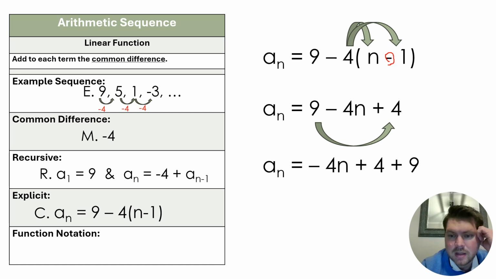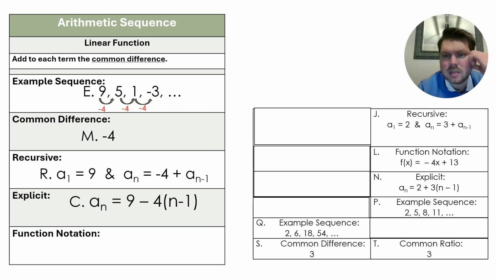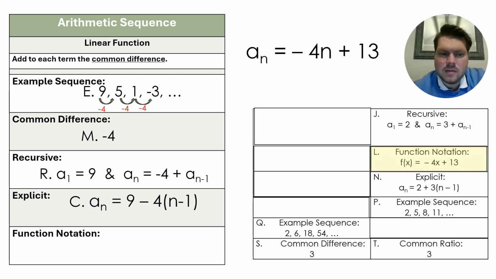And then you can combine like terms, and you get -4n plus 13. If you plug in 0, you should get 13. If you added 4 to get the number before 9, you should get 13. So this best fits L. So we're going to put L here.